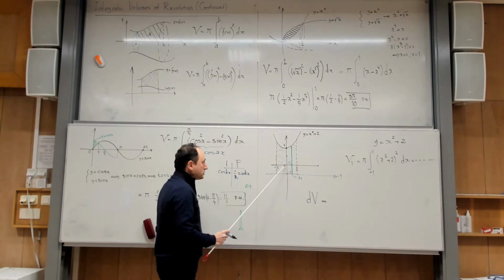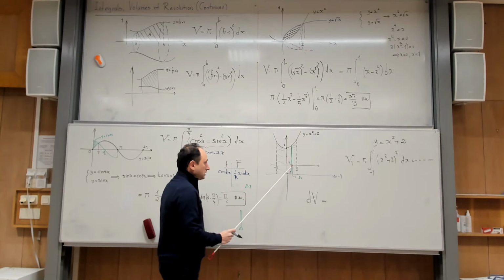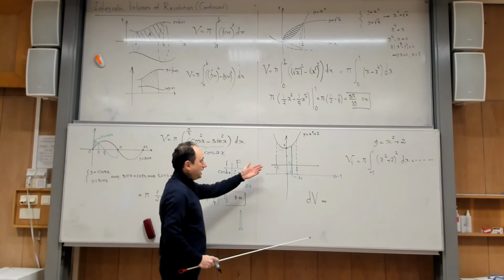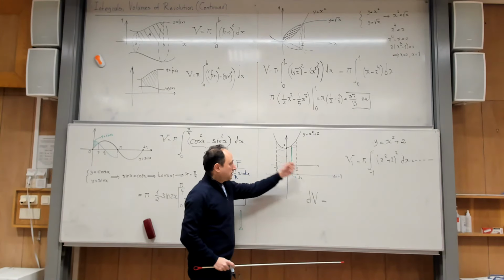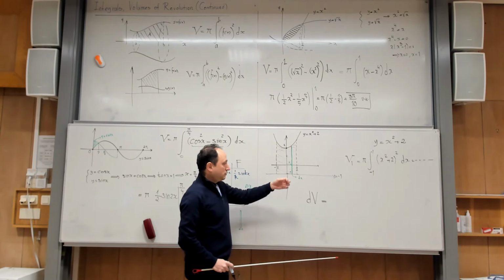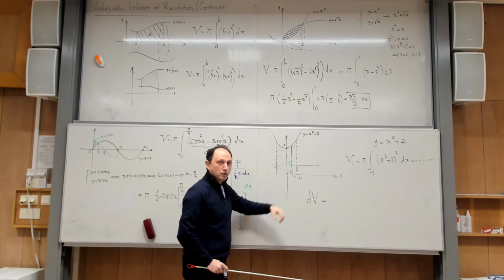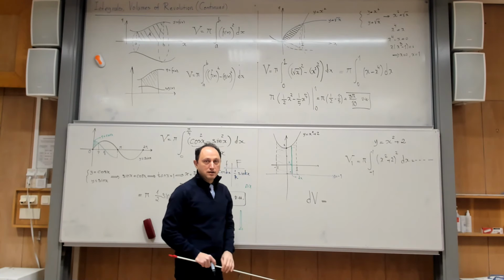So I go x units to the right, and I draw this vertical line of thickness dx, and I rotate it about this axis. You can imagine that this will generate a very thin disk. Can you tell me what is the volume of that thin disk?